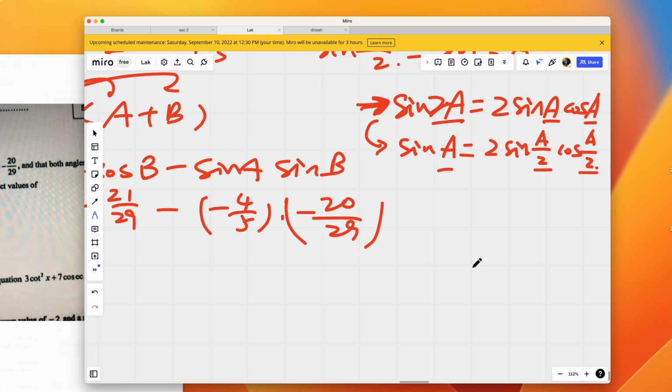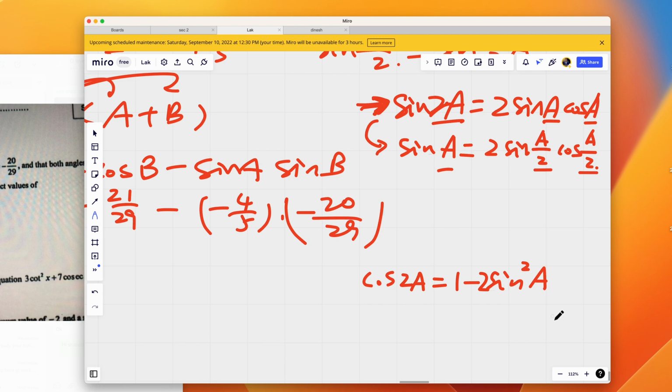Cosine 2A and this 1 minus. You read this to me. So cosine 2A is equal to? 2 cosine square. No, I want the middle one. Over here, cosine 2A is equal to this, or equal to this, or equal to this. So I pick the middle one, 1 minus 2 sine square A, right?